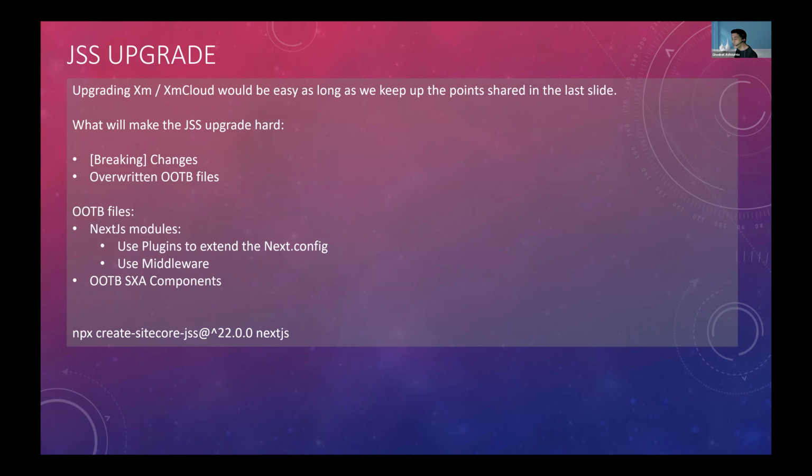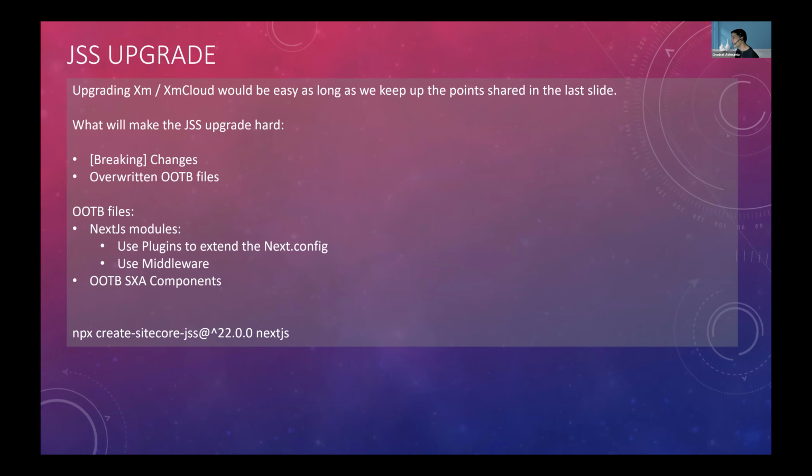And one point that remains is the SXA components. Like, for example, if you want to do some changes in the rich text component that comes out of the box, or the image component, and so on. I will continue on that topic in the next slides.